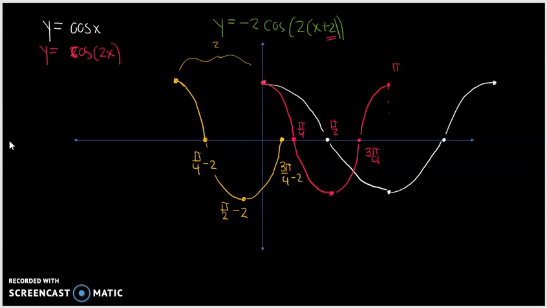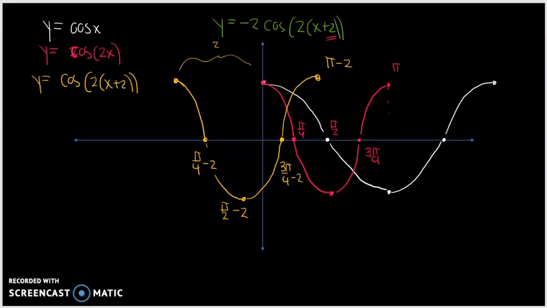And lastly, pi, about 3, goes to right about there, and that is pi minus 2. Now that yellow function is y equals cosine of 2 times x plus 2.